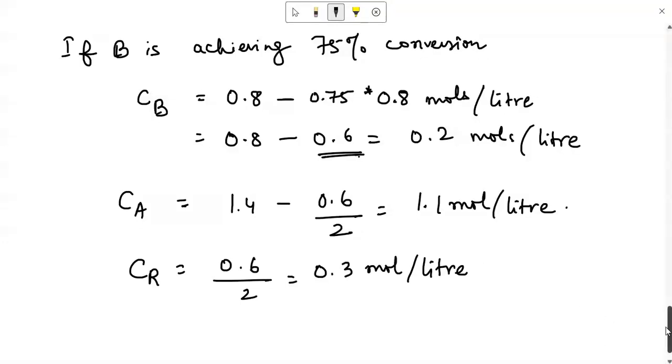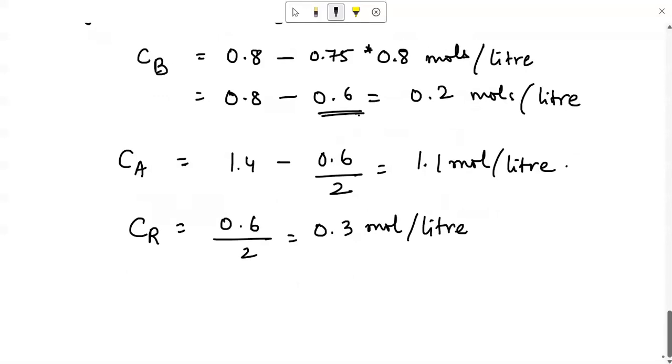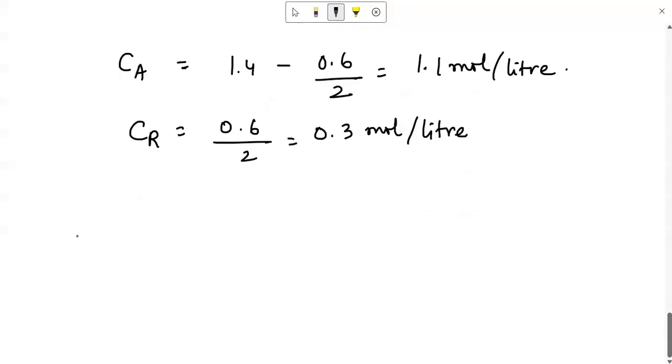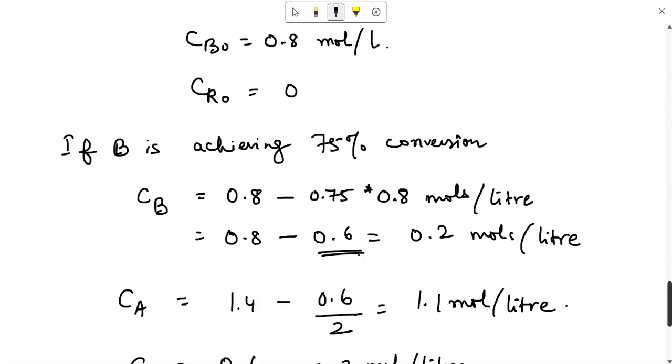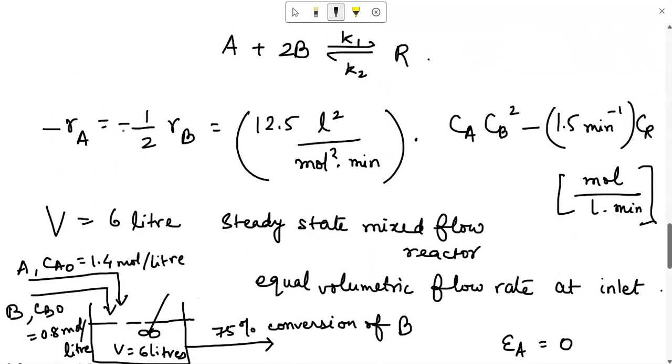Now we are going to write the rate equation that we have been given, and we are going to solve the entire problem in terms of B. If you write the rate equation in terms of component B, minus rB equals 2 multiplied by minus rA, because we had minus rA equals minus half of rB.